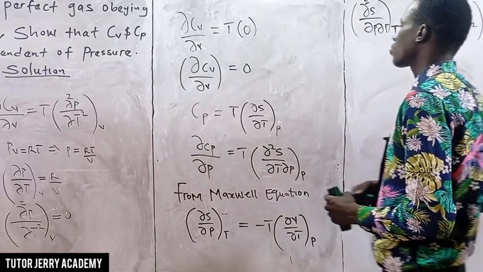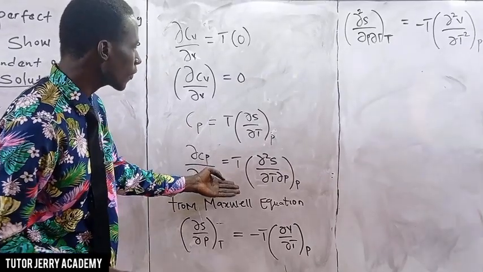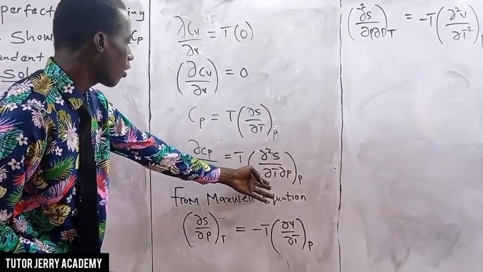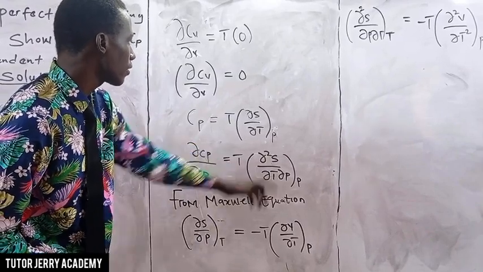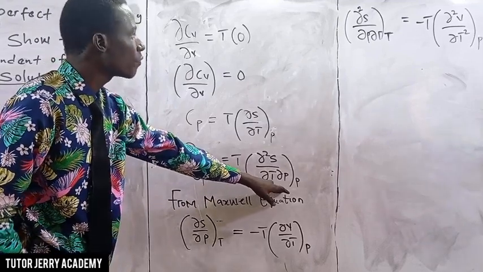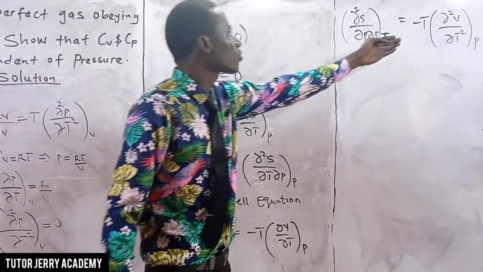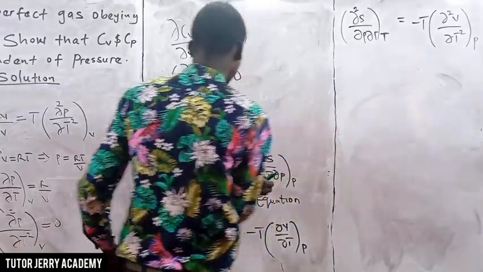Now from here we can see that the mixed second derivative of S is equal to what we have here.